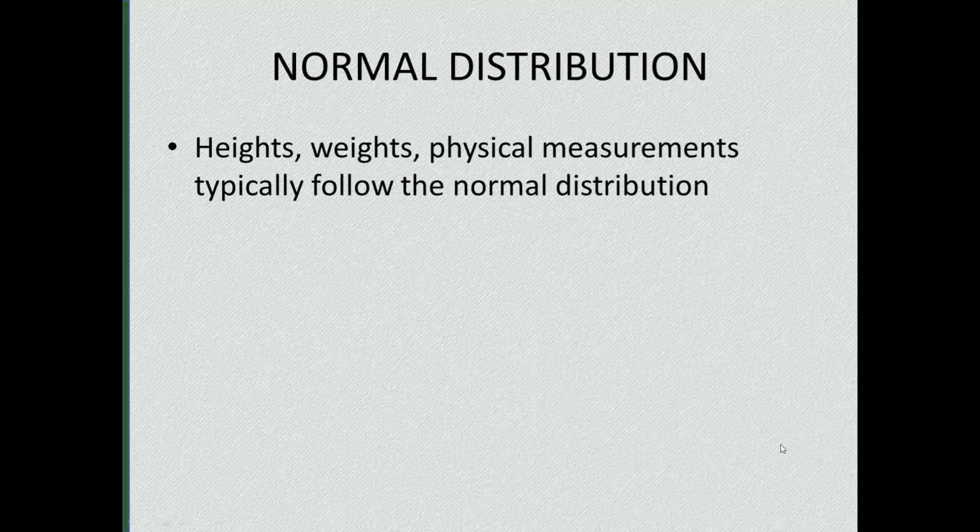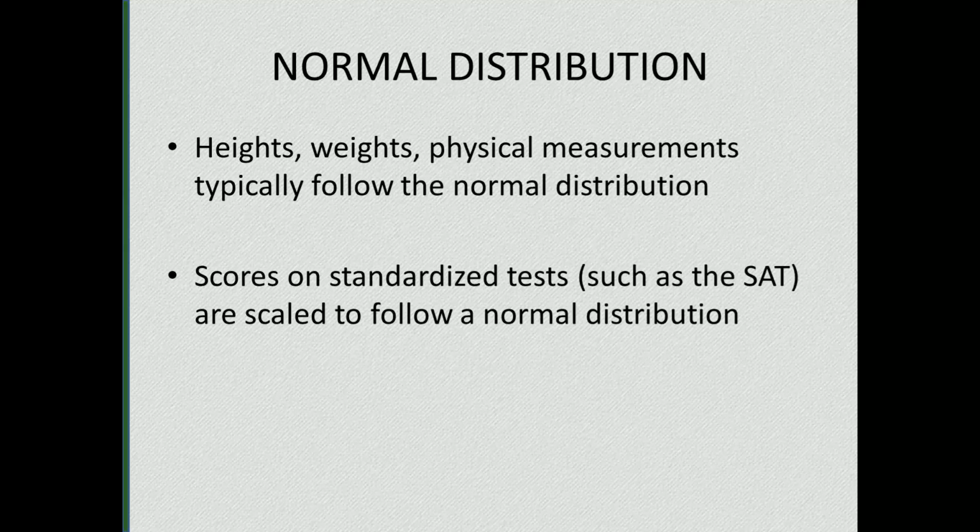Heights, weights, most physical measurements will follow a normal distribution. Also, scores on standardized tests tend to follow a normal distribution. In fact, the tests are designed that way, which, by the way, is one of the reasons that taking these standardized tests is often a daunting experience, because it's the first time in our academic careers we've taken a test where scores are designed to bunch up around the middle.